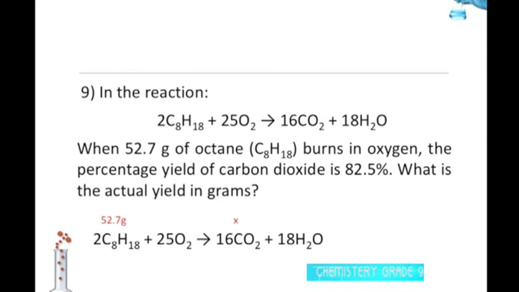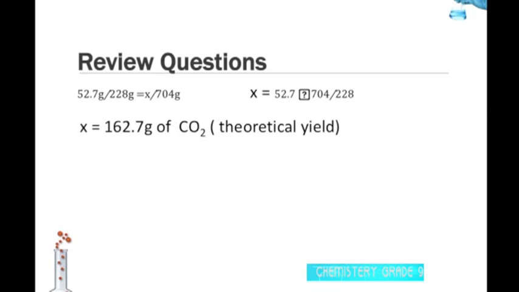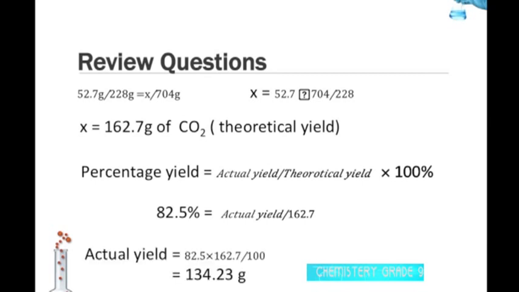We write the known and the unknown on the top, the weights on the bottom, set up the proportion, solve for x. 162.7 grams of carbon dioxide. This is the theoretical yield. So the percentage yield, which we know is 82.5%, equals the actual yield divided by this number. So the actual yield is 134.23 grams.